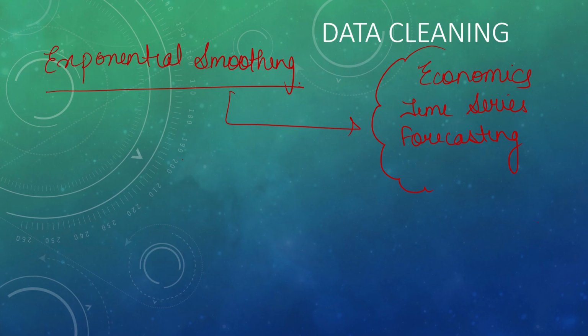Now next, we'll see the next topic, that is binning. Now in binning, first let's see what is binning. Binning is basically to reduce noise by grouping nearby values.